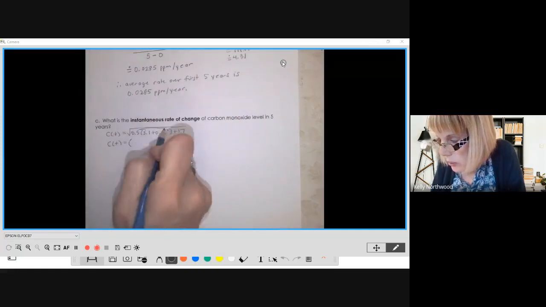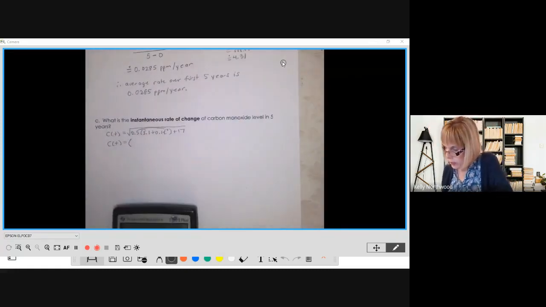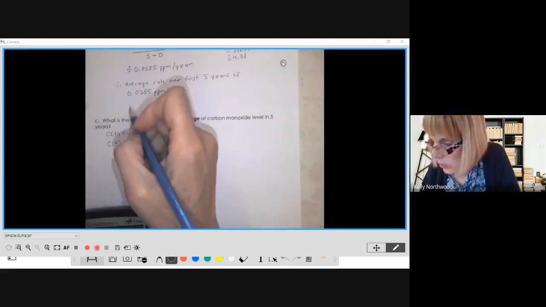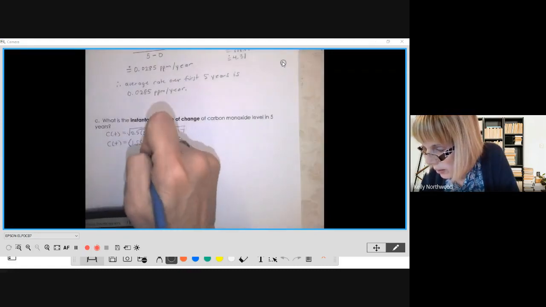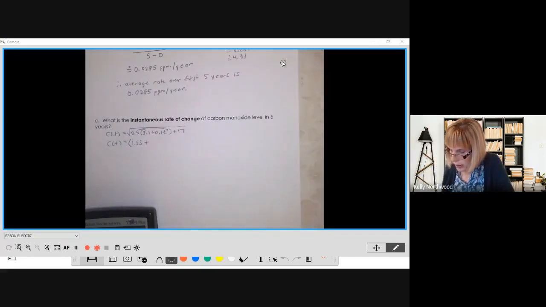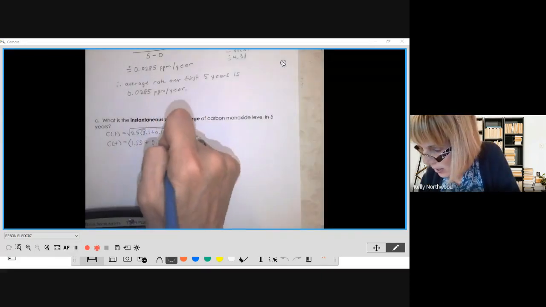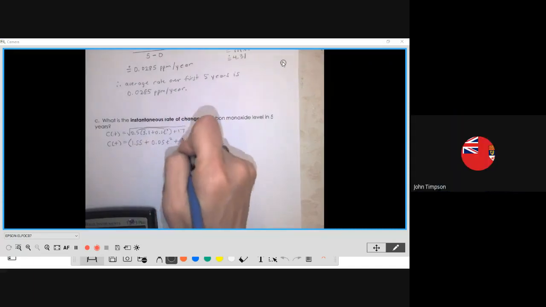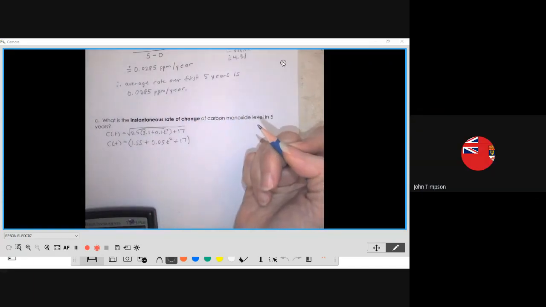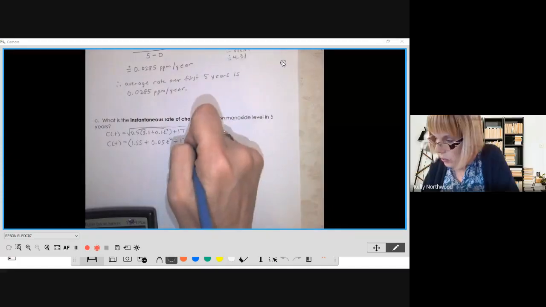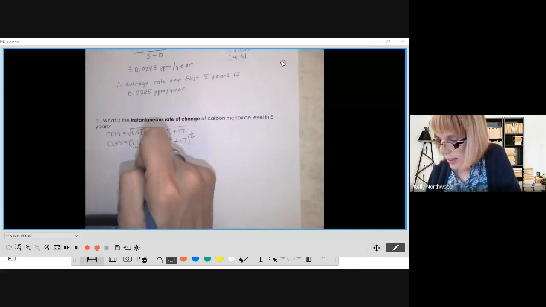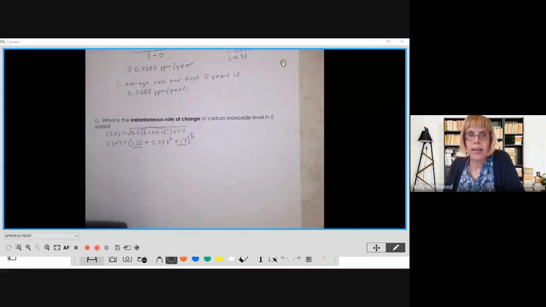So here I can distribute. 0.5 times 3.1 is 1.55, plus 0.5 times 0.1 t squared is 0.05 t squared, plus 17, all to the 1/2. Then I can collect these because they're both just numbers.